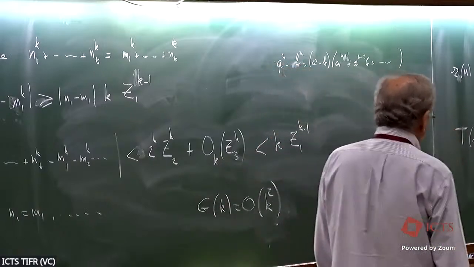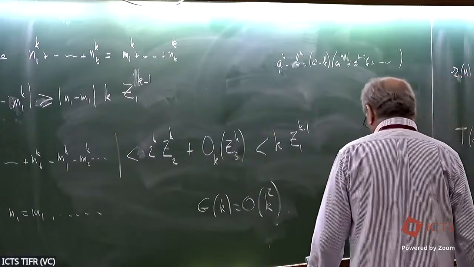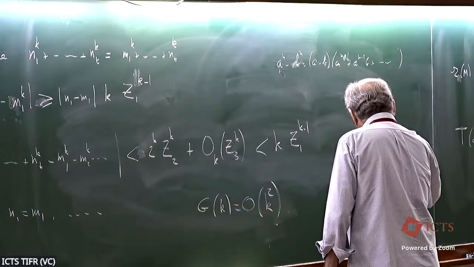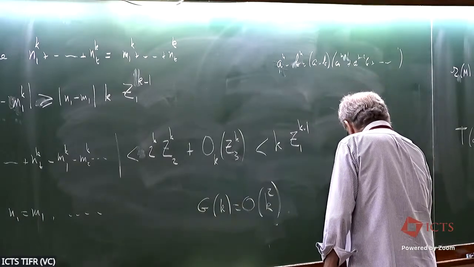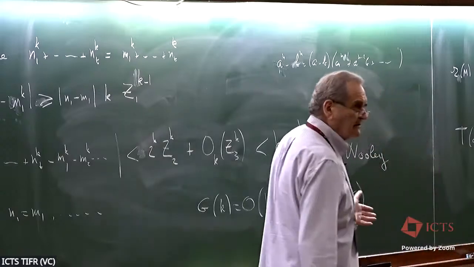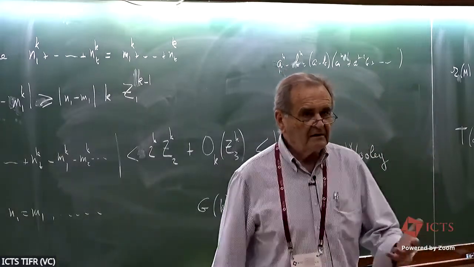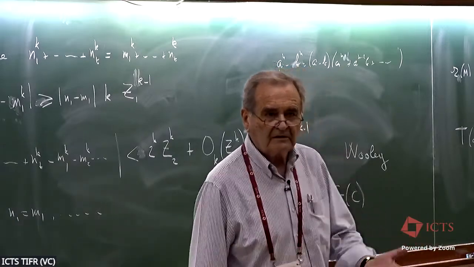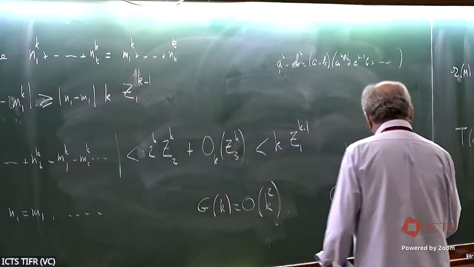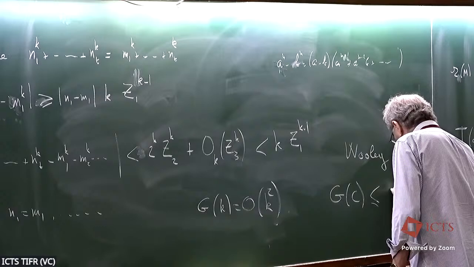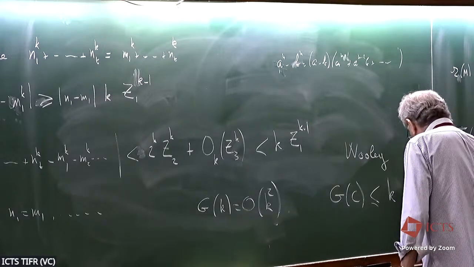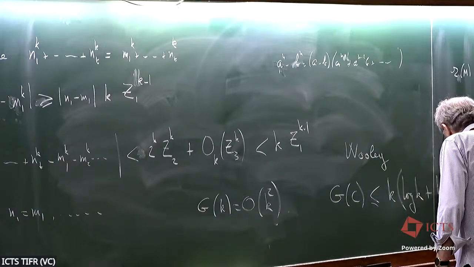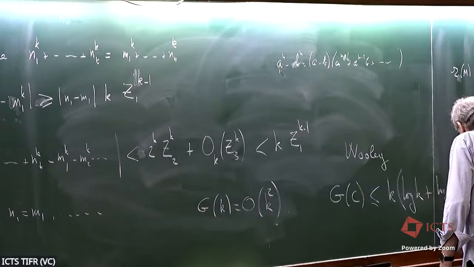Okay? And so there have been some works, and I think the most recent one is due to Wooley. What Vinogradov was proving was a big O of K log K, and even less than 3K log K. And in about almost 100 years, the improvement is that what we know now is that Wooley proved that G of K is less than K log K plus log K plus a constant.